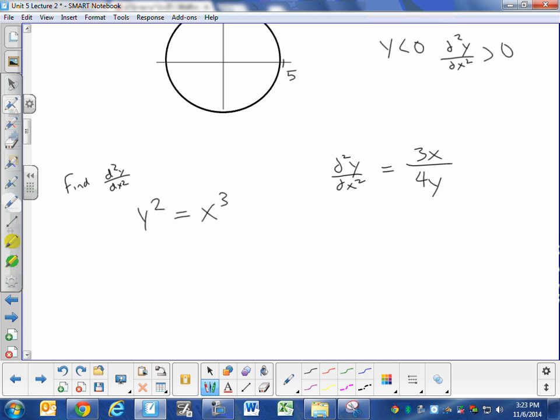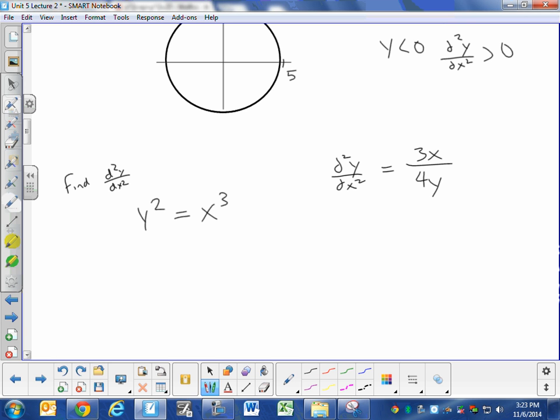You can't give up before you start. At least find the second derivative and plug in dy over dx. At least find the second derivative and substitute in for dy dx so that you have a d squared y over dx squared with just x's and y's.